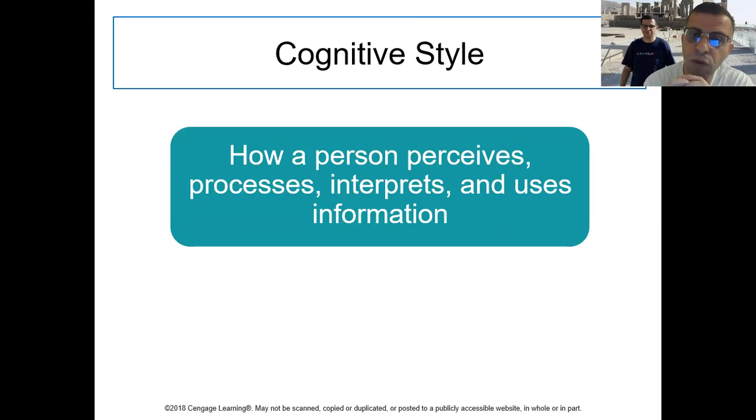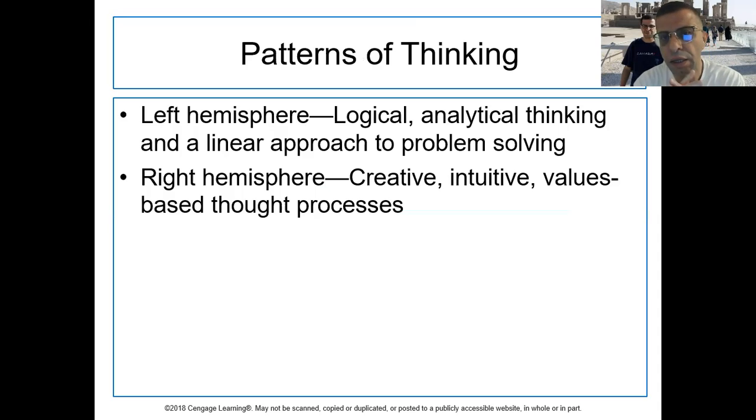And then you have what you call the cognitive style, which is how a person perceives, processes, interprets, and uses information. That's what you call cognitive, and it's always not a 100% match between the delivery and the receiving. There are patterns of thinking in humans, and they found out that there is a left hemisphere and a right hemisphere of the brain.